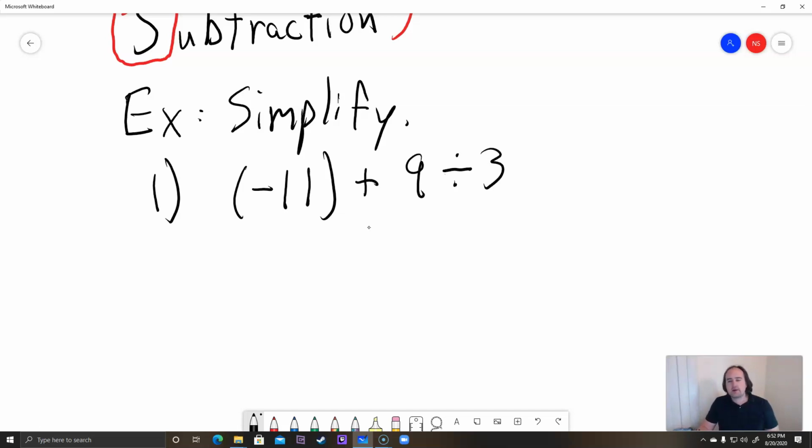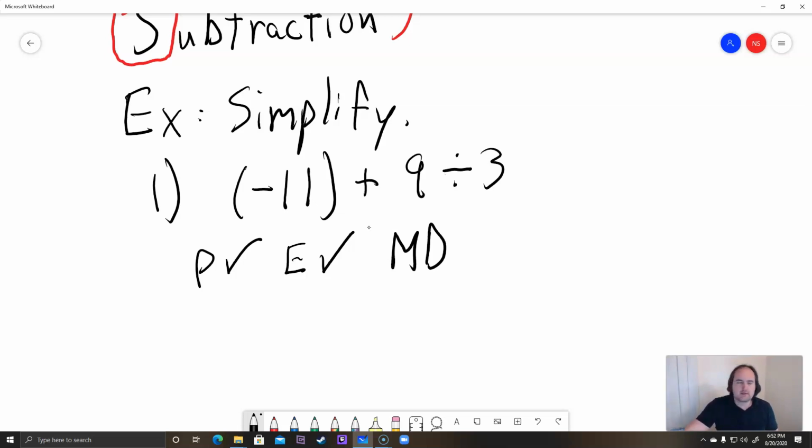Now here, these parentheses are already simplified. So P is already taken care of. There are no exponents, right? So E is already taken care of. What's the next step? Multiplication and division. I'm just writing MD. So multiplication and division is our next step. So that's from left to right.